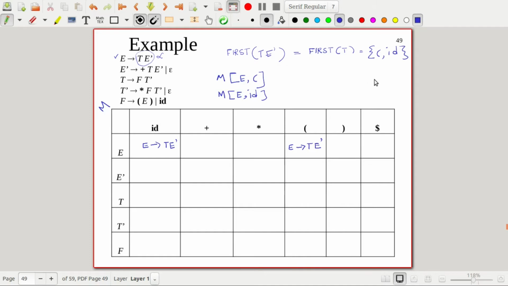So there is no need to compute the follow, there is no need to consider follow of E. Okay, then next we have to consider the next production within our grammar, that is this one: E dash gives plus T E dash or epsilon.